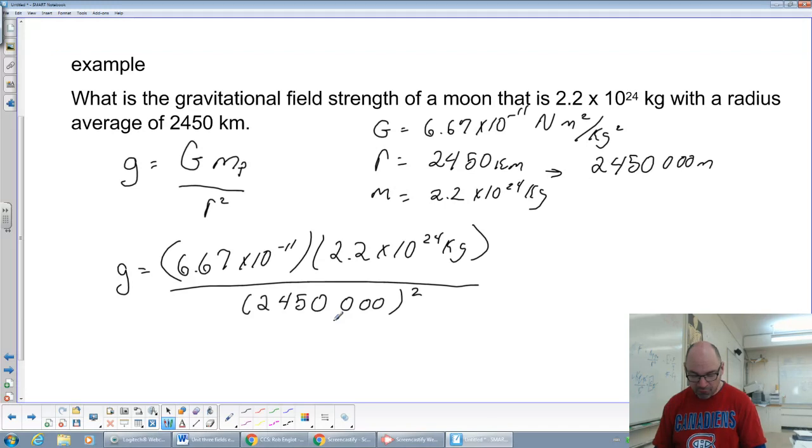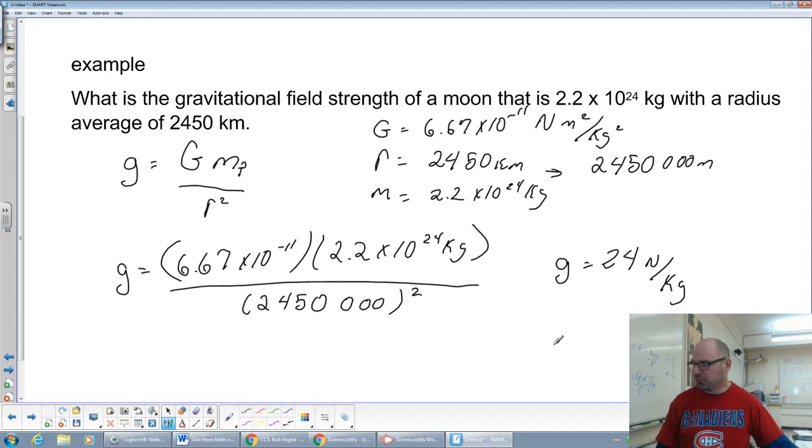And I get 24.4 newtons per kilogram. So 24 newtons per kilogram. So it's about 2.5 times the gravitational strength of the Earth. And that's probably because I gave it a pretty big radius and a fairly chunky mass as well.